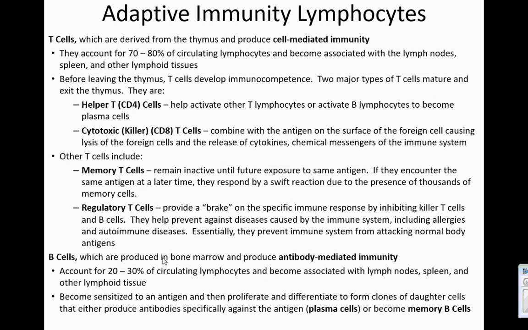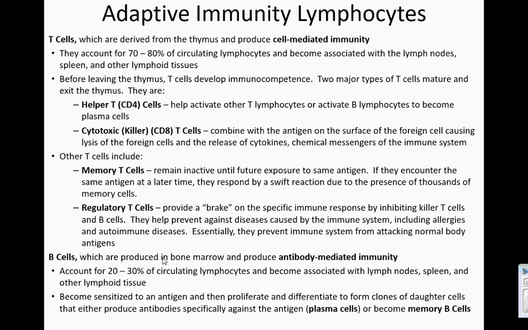Our T cells involved with cell-mediated immunity account for 70-80% of the circulating lymphocytes, and become associated with our lymph nodes, spleen, and other lymphoid tissues. We talked about those the other day. Before leaving the thymus, they develop that immunocompetence, like going to basic training and getting trained to be a soldier. There are two major types of T cells that mature and exit the thymus: helper Ts and cytotoxic or killer Ts.